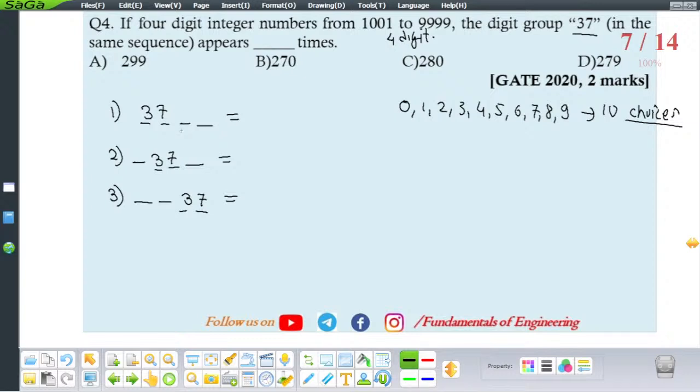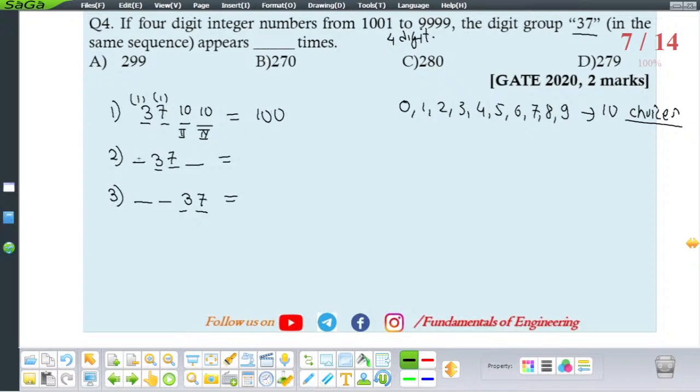So at the second and fourth positions, all 10 digits are possible, even 0 can come here. So at both positions, all 10 choices. So 10 into 10, that is 100 possible choices when 37 is at the start.